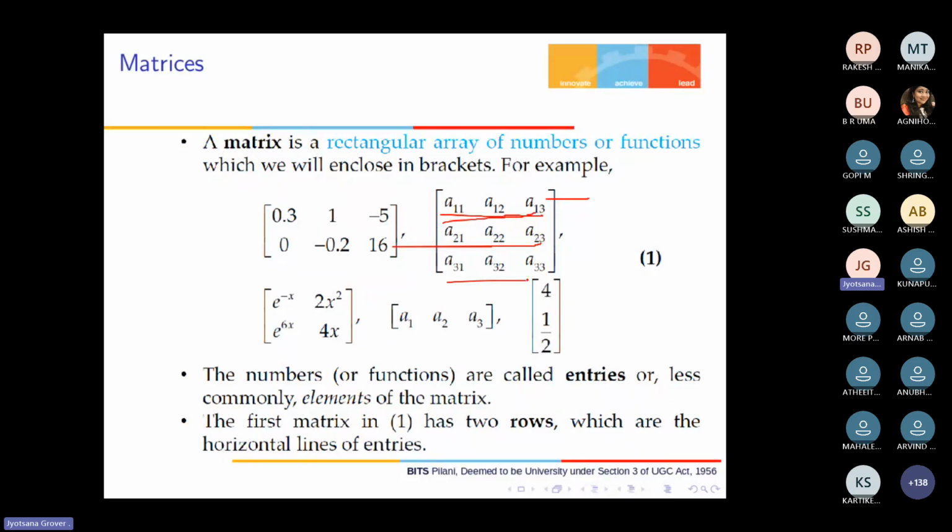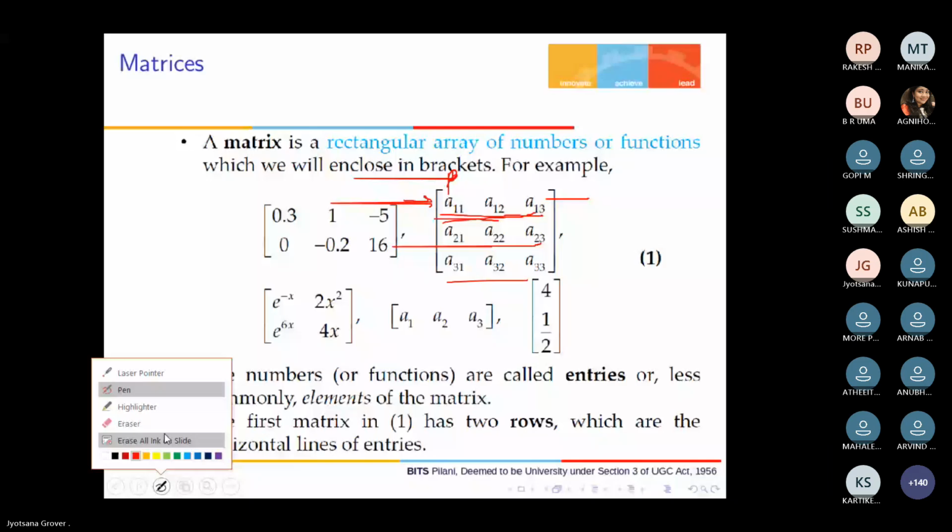Now I'll tell you how it applies to ML, machine learning. Suppose you want to predict the price of a house. So you have house one data in the first row.